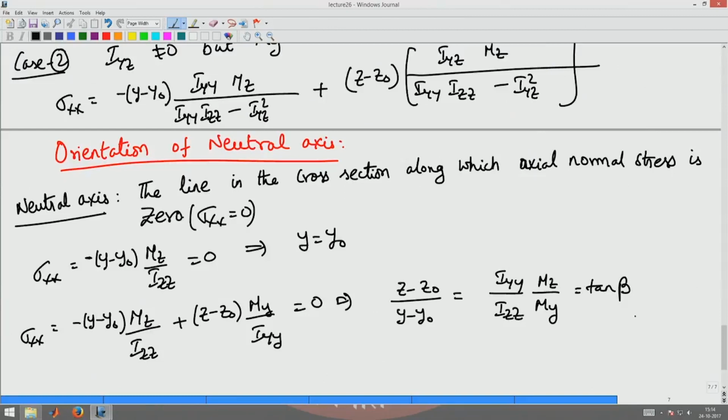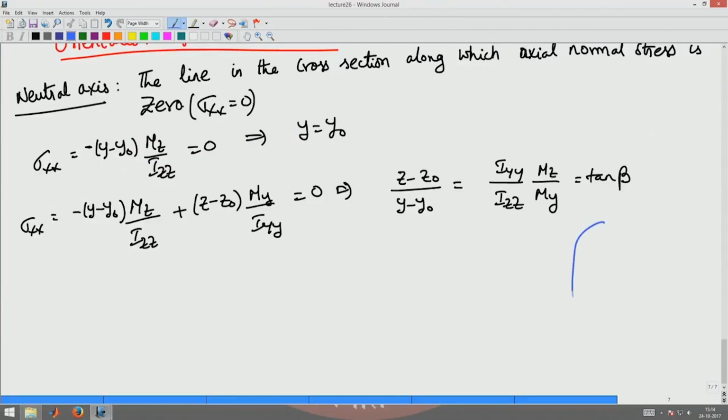If I have a cross section with y and z oriented like this, this equation represents the equation of a line whose slope is beta, measured from y like this.